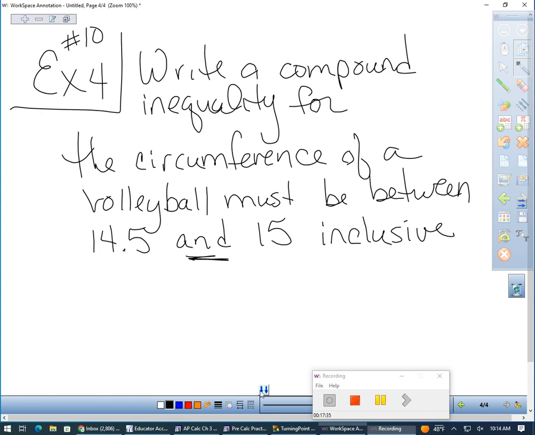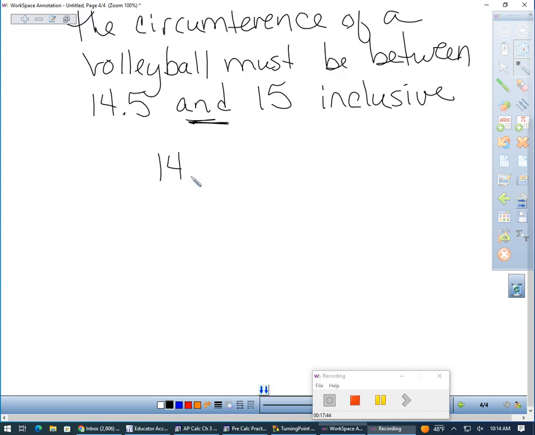All right? My numbers on the ends are 14.5 and 15. My variable, let's use C for circumference, goes in the middle. Now remember I said that the signs always have to go the same direction, pointing towards the left. Because this says C is greater than 14.5, and this says C is less than 15. Now let's talk about the word inclusive. Inclusive means that it has to be included, which means it also equals on both of them.